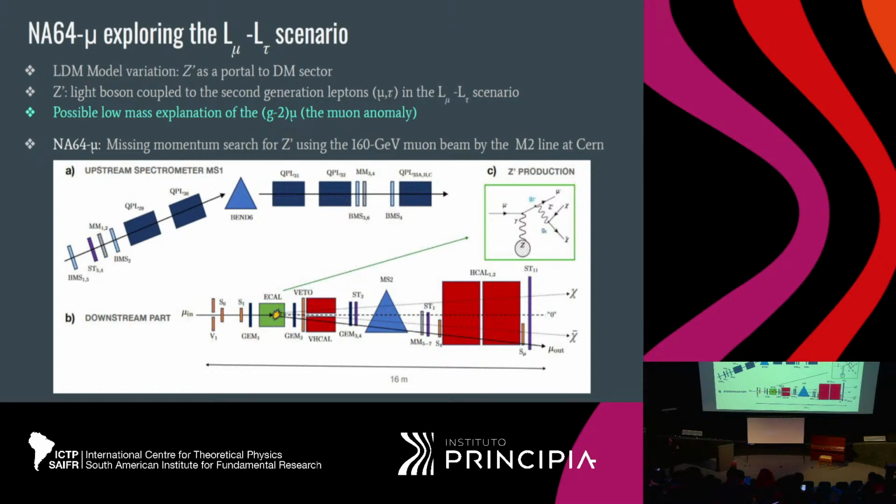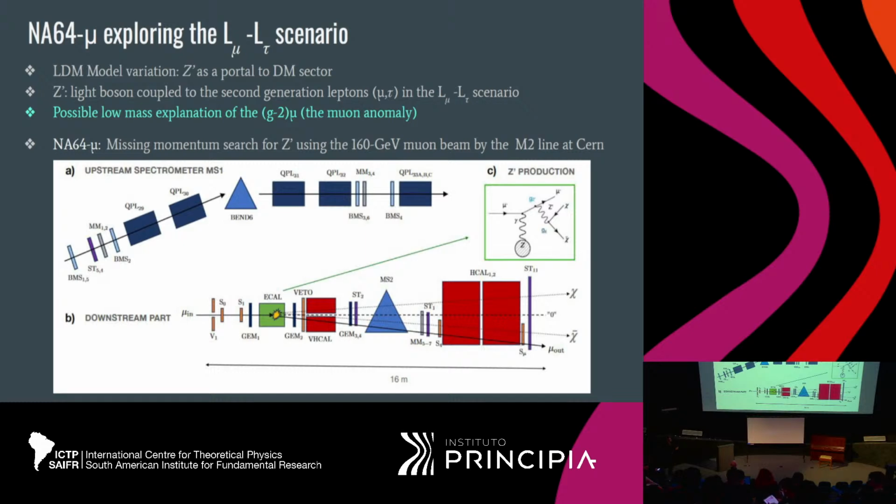This first part tags the beam of muons and defines the initial momentum of the muon, which by the way is 160 GeV in the beam used by NA64mu. Then downstream you have your target, where you hope the reaction occurs, basically the same thing as the production of a dark photon, except that now the radiating particle is a muon, not an electron. And then you have another system of magnets and tracking, another magnetic spectrometer, to measure the momentum of the muon.